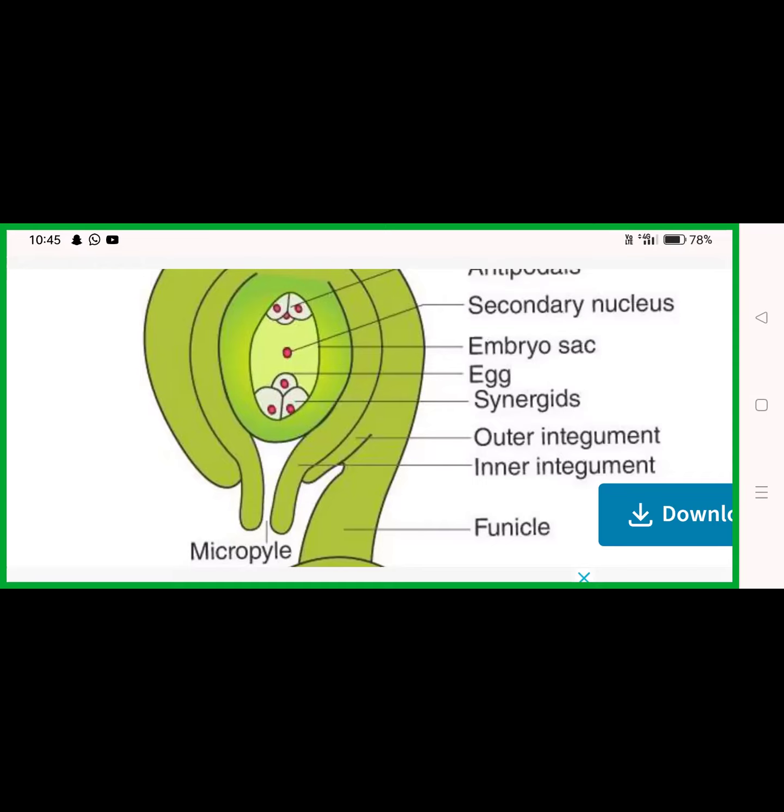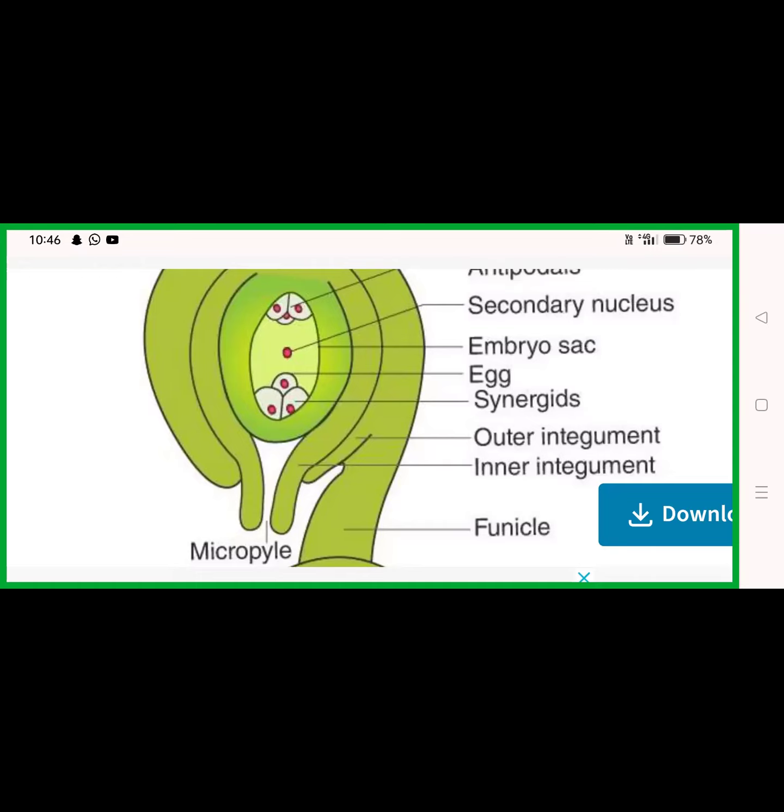Next, coming to apospory. In this process, a somatic cell of the nucellus or of the archesporium directly forms an embryo sac. The diploid egg parthenogenetically develops into an embryo.